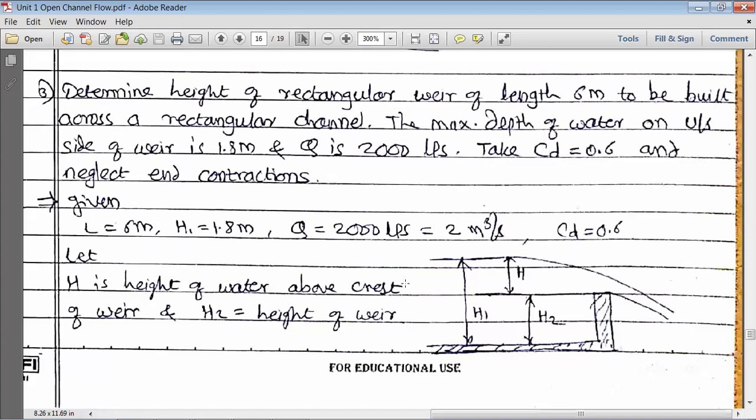And discharge is 2000 LPS. Take CD is equal to 0.6 and neglect end contraction.